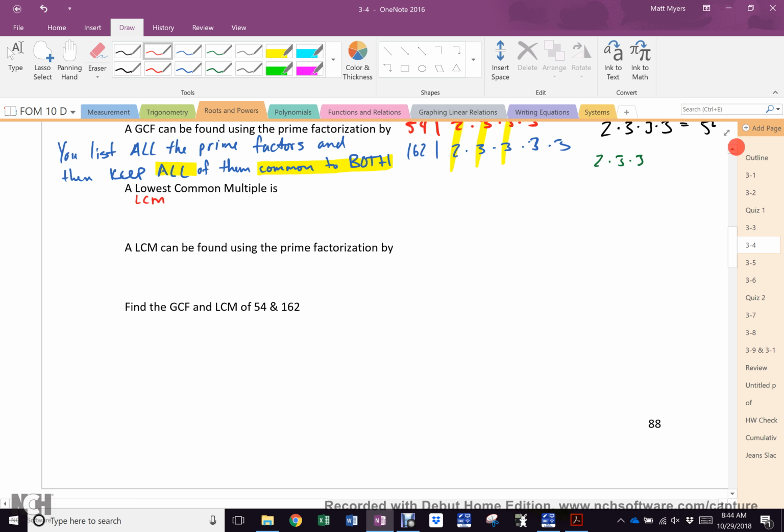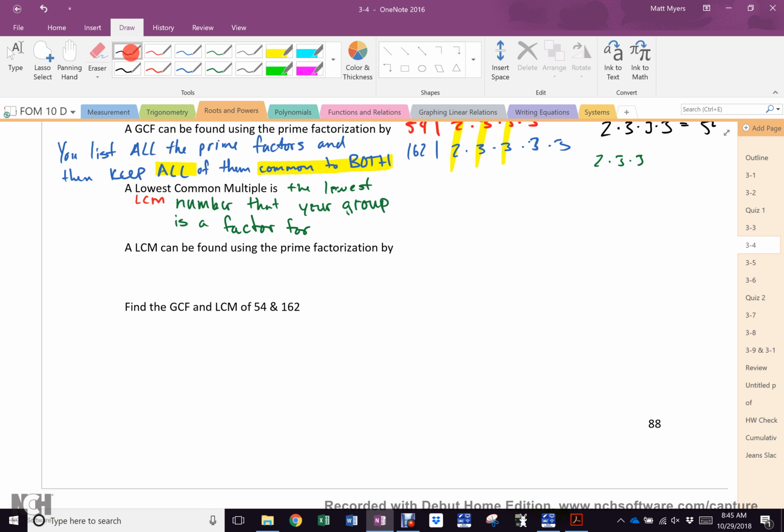But guess what? We get a trick. Lowest common multiple is the lowest number that your group is a factor of. Now, the LCM can be found using prime factorization.